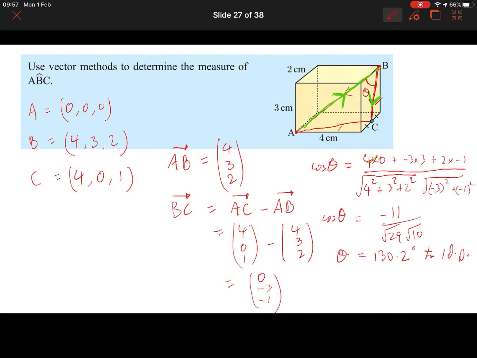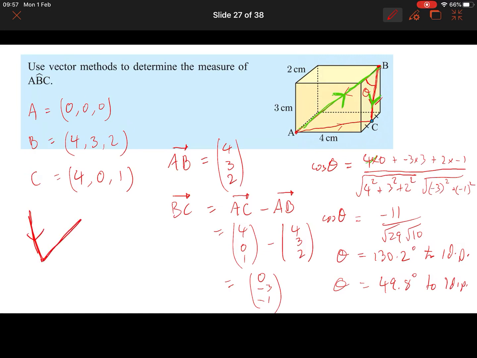So I ended up with an obtuse angle, which clearly my angle ABC is not. So I can easily find out what it is. It's just going to be 180 minus that, which is 49.8 degrees to 1 decimal place.